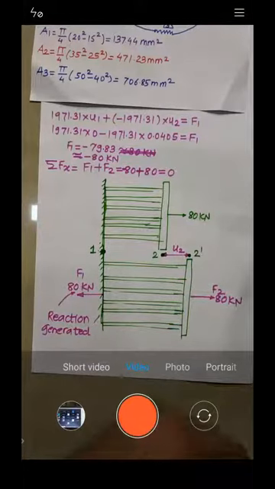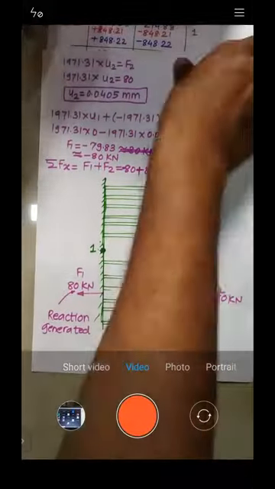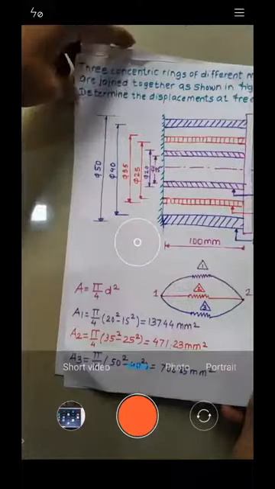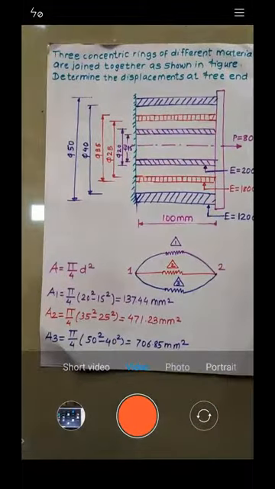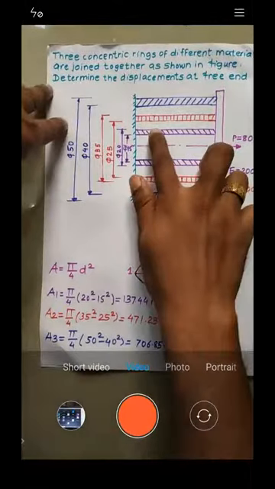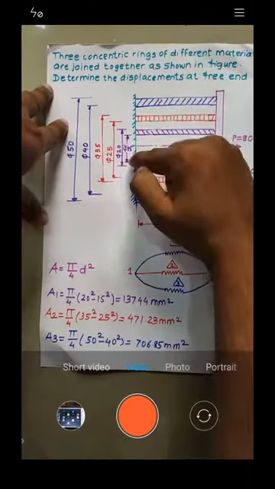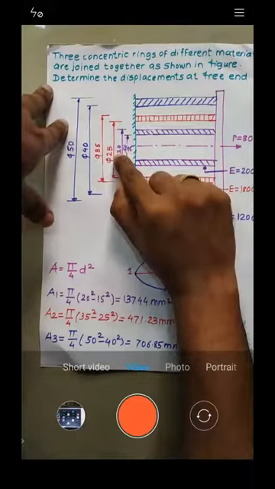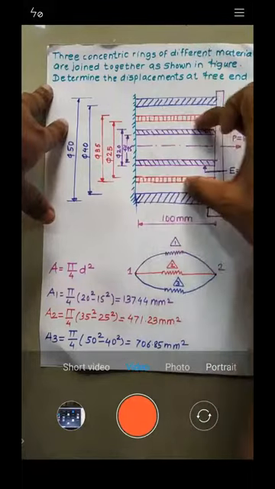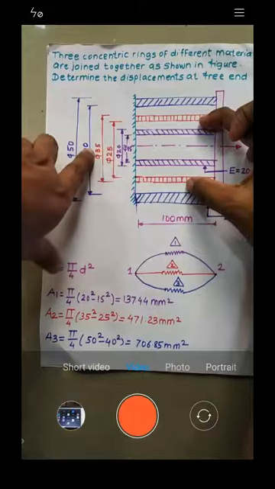Okay. So see, all of you see here. How we have started and how we have ended with the problem? Just see this one. What we have? We have these three concentric rings. This is the inner ring with inner diameter 15 and outer diameter 20. On that we have one more ring with inner diameter 25, outer diameter 35.